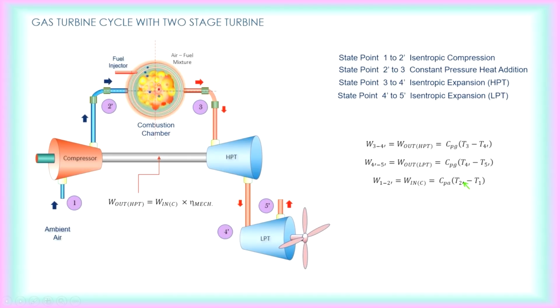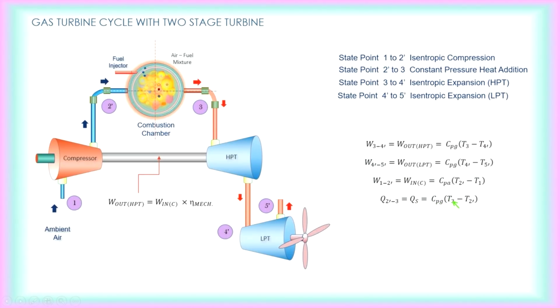T2 prime is the actual state point after the irreversible process. For any isentropic components or devices here, we can use another method which we call relative pressure. And then this would be the heat supply from the combustion chamber.